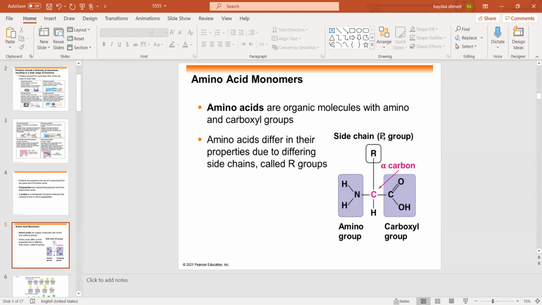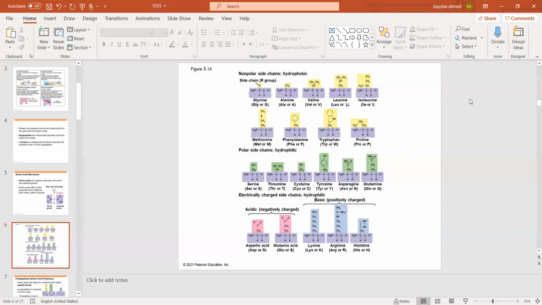This group is symbolized by R. The R group, also called the side chain, differs with each amino acid. It may be a simple hydrogen atom or a carbon skeleton with various chemical groups attached. The chemical and physical properties of the side chain determine the unique characteristics of a particular amino acid, thus affecting its functional role in a polypeptide.